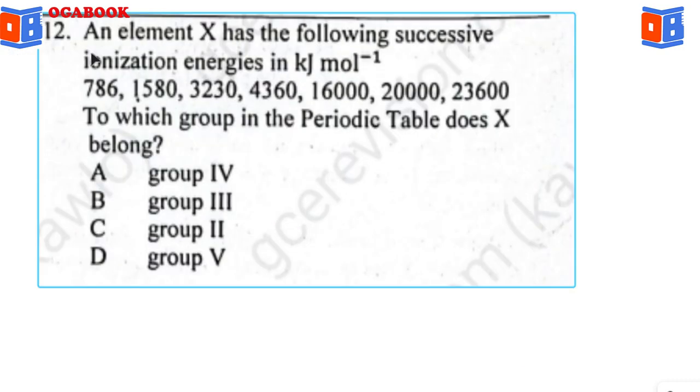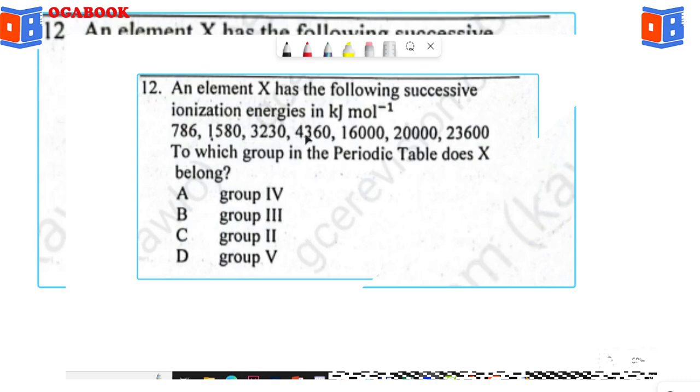Question 12. An element X has the following successive ionization energies in kilojoules per mole. To which group in the periodic table does X belong? We are going to check these values and see where there is a large difference in energy as we move from first, second, third, right up to the last ionization energy.